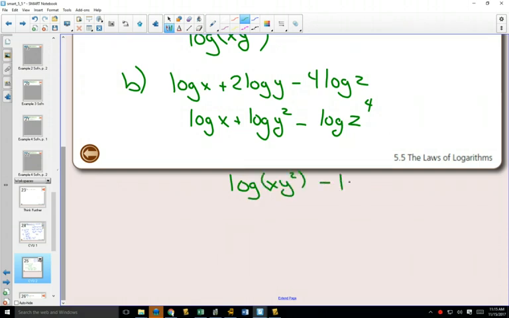And I still have minus log of z to the power 4. Now that I'm subtracting a log minus a log, that's going to be dividing, so we'll have xy squared over z to the 4.